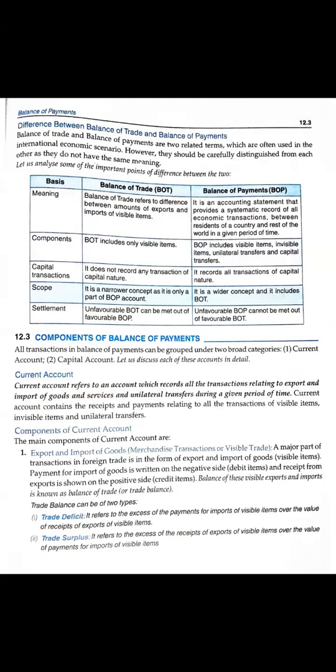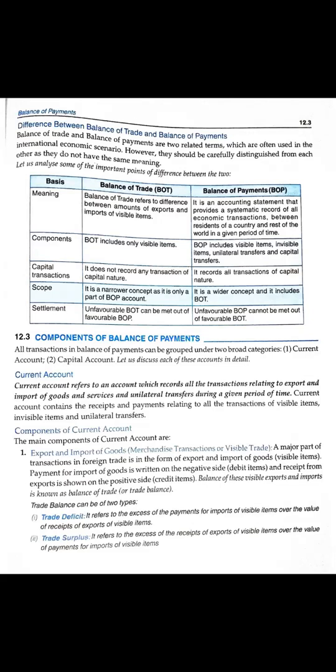Okay. So whatever we are exporting, that is sales, right? When we do sales, there will be inflow of money, right? Whenever we do sales, in return we will be getting money. So we will mention it on the credit side, that is the positive side.